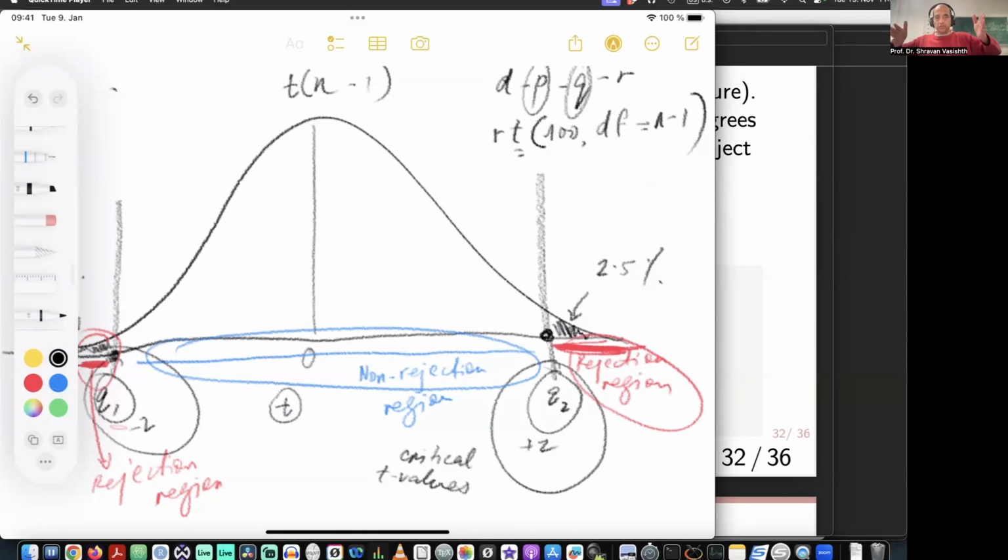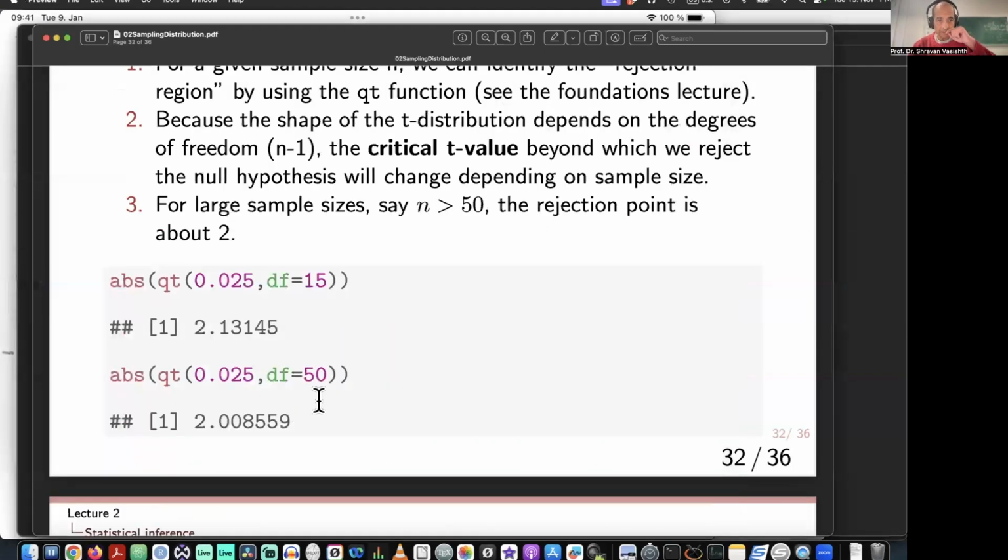And in order to make that decision, we define these critical t-values, which depend on the sample size, because the sample size determines the shape of the t-distribution. For lower sample sizes, you have fatter tails, so you have to go out further to get to the critical t-value. And for larger sample sizes, the critical t-value will become smaller, and that's what I just showed you in my slides. All right.